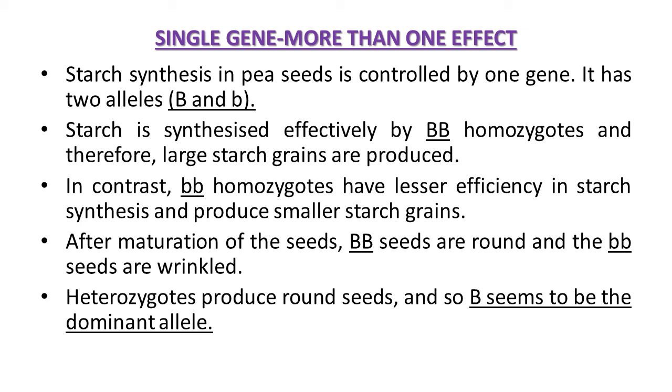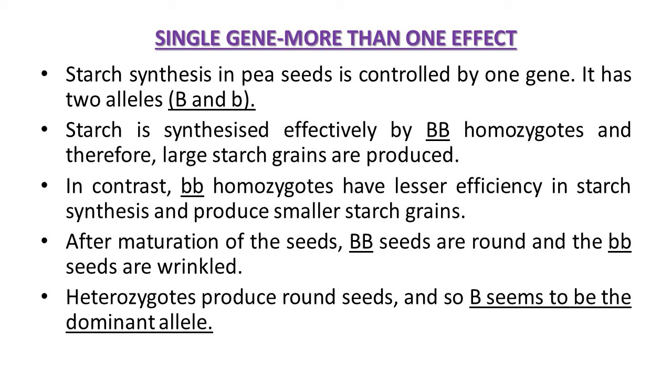In contrast, small b, again homozygous in nature, has lesser efficiency in starch synthesis and produces smaller starch grains. So when both capital B are present, large starch grains are produced, but when both small b are present, smaller starch grains are produced.